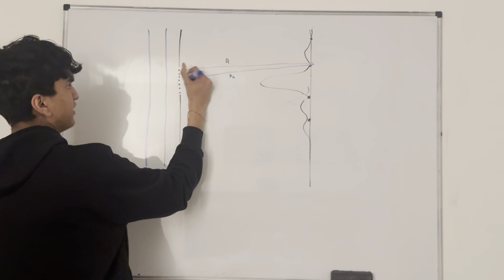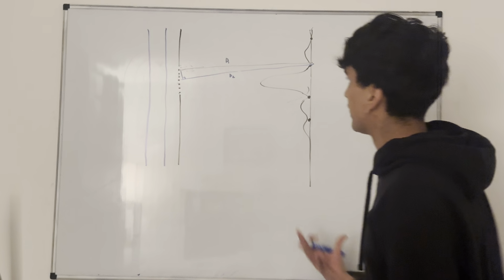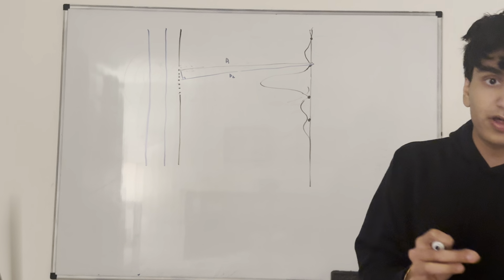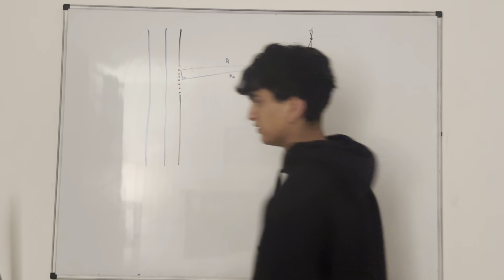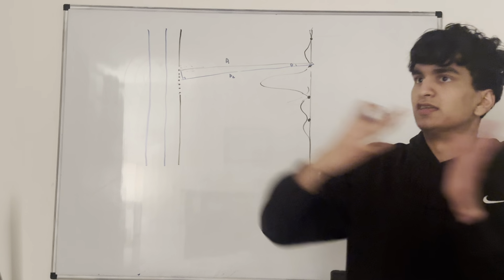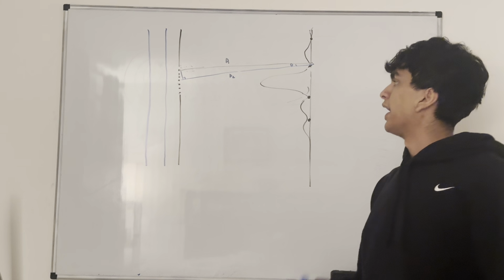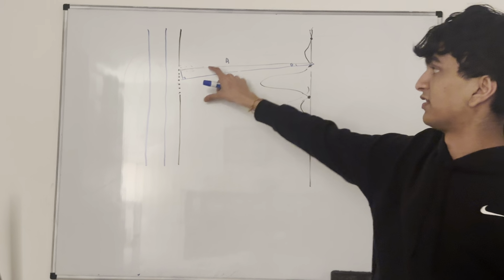I'm just making a line that creates a right angle, so I can create a right triangle. And for very small angles of theta, which obviously we see with diffraction because the screen is super far away and much larger than the slit width.